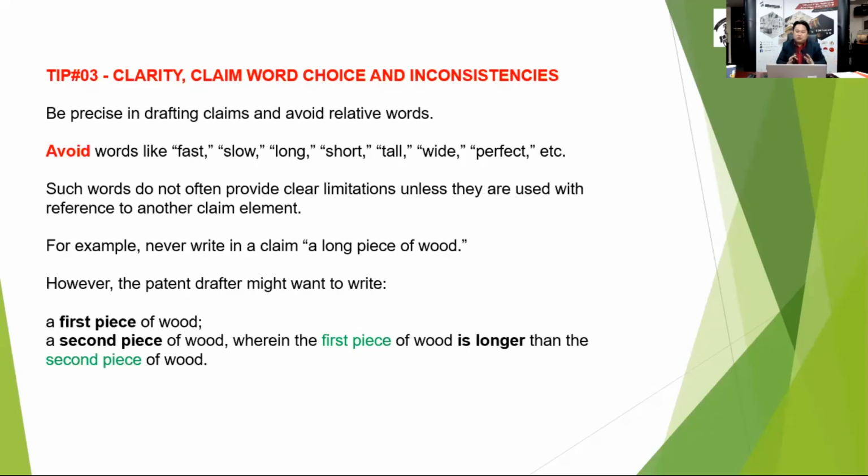Now, if you have 2 pieces of wood, and you want to say that the first piece of wood is longer, this is how you should write it: a first piece of wood, a second piece of wood, wherein the first piece of wood is longer than the second piece of wood, or having a greater diameter, and so forth. This is how you write it. Sometimes you have to compare 1 and 2.